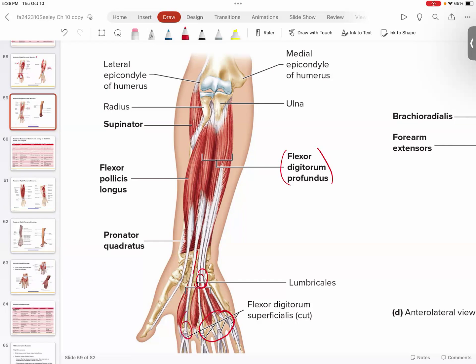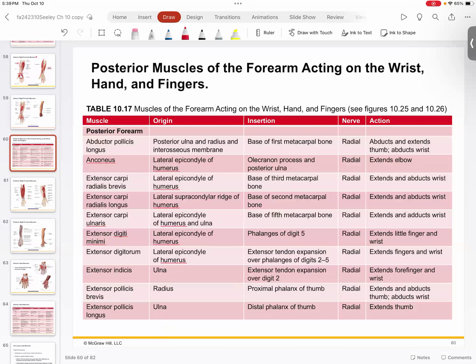This is one of the reasons why your index finger has so much flexibility and mobility: it's got its own muscle body. The body of one of the muscles is dedicated to that finger, whereas the other three are interconnected, so they don't have quite as much freedom. The pollicis longus is going to be connected to the thumb. So you can see where these are located by where their connections are.